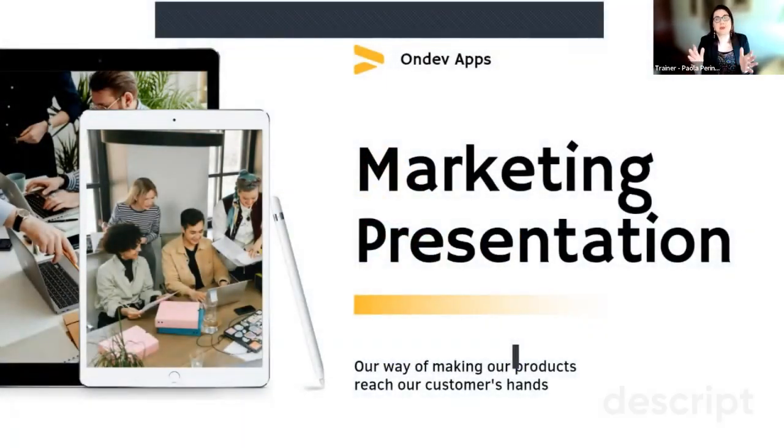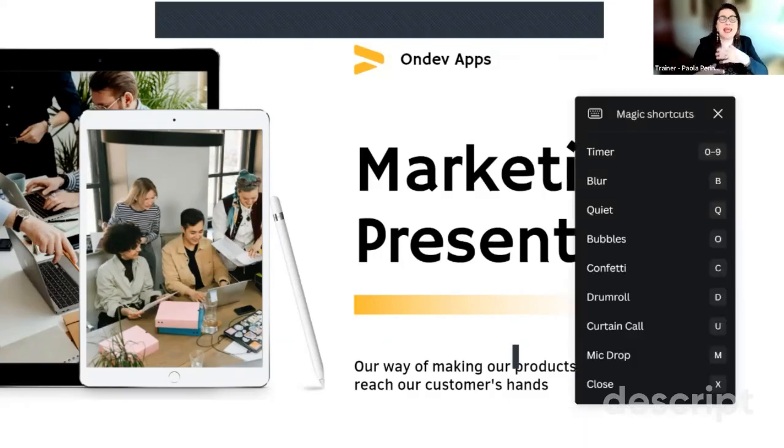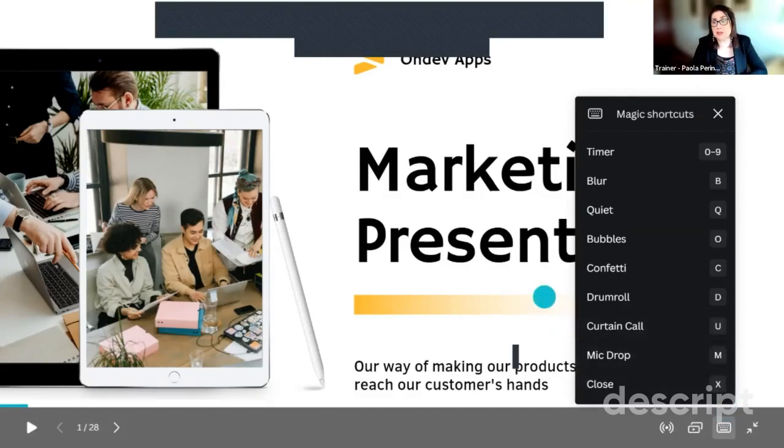These are only a few. Okay, I'm going to stop here. Where can you find these? Well, you go down at the bottom and you see there is a keyboard icon with magic shortcuts. They're all right there. Canva is adding on to these shortcuts all the time. Make sure that you check if there is new ones. There's lots of them. I only went through a few.